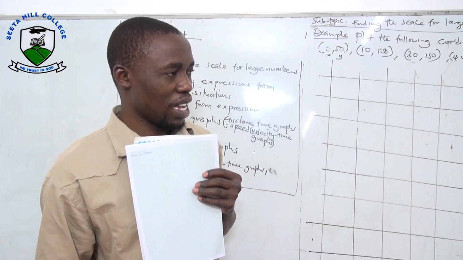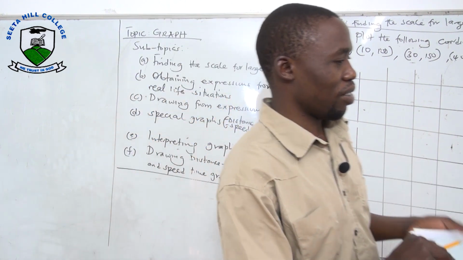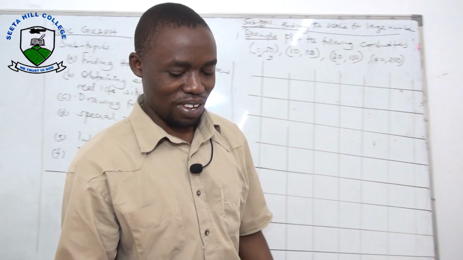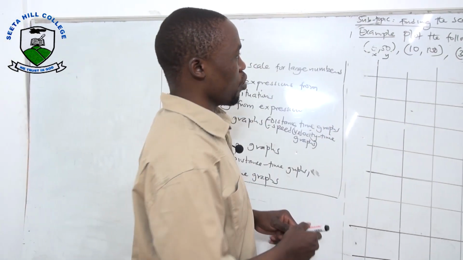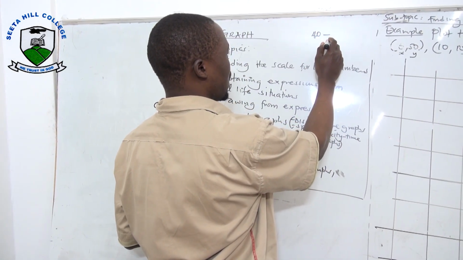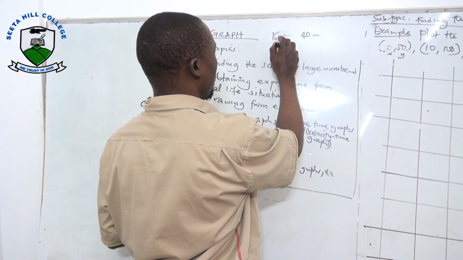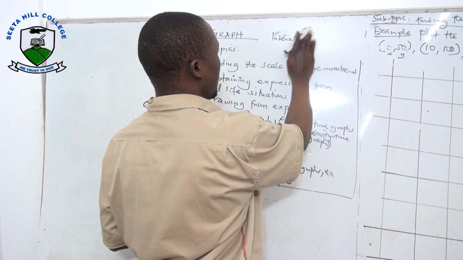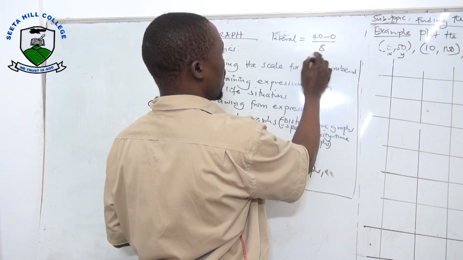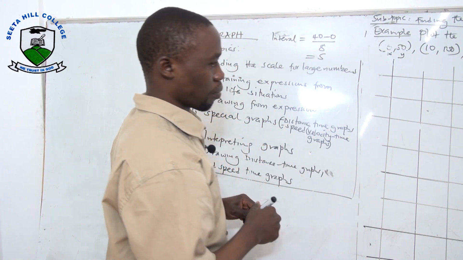Now, the answer you get must either be, who can remind us? That means when you subtract, this is called our interval. Interval is 40 minus 0 out of 8. That gives us 5 horizontally.